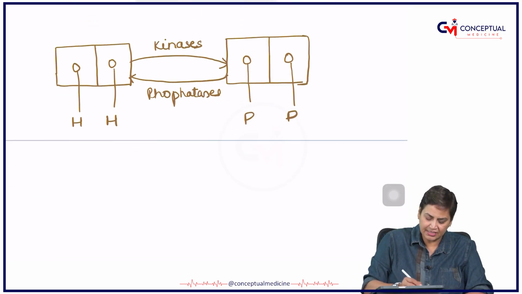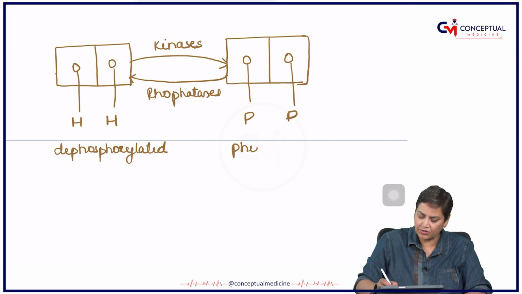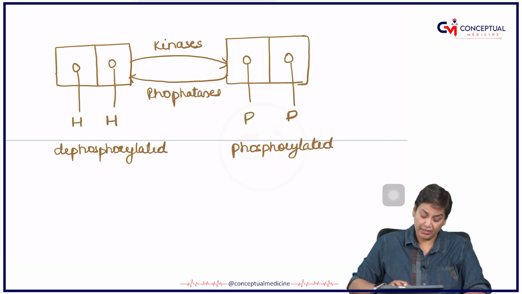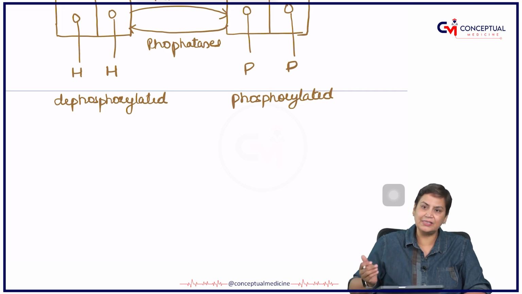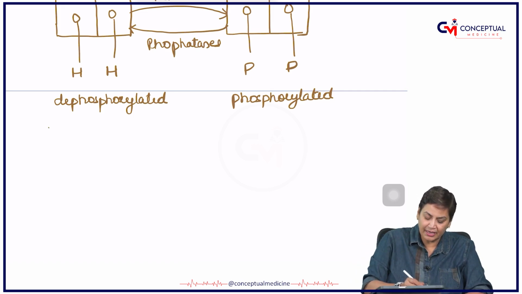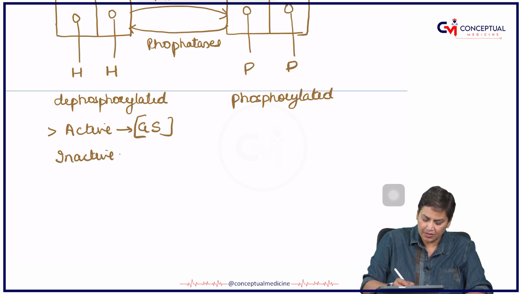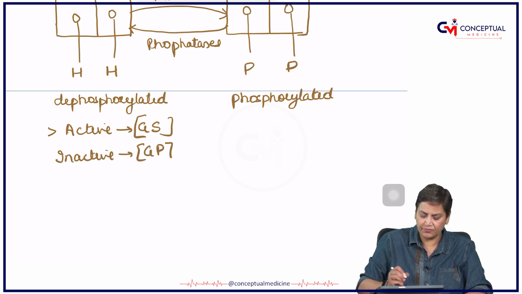So if I say this is dephosphorylated, as you can see it is without phosphate. And this is phosphorylated. Now if we compare the structures, dephosphorylated means this is the active form of glycogen synthase and the inactive form of glycogen phosphorylase.